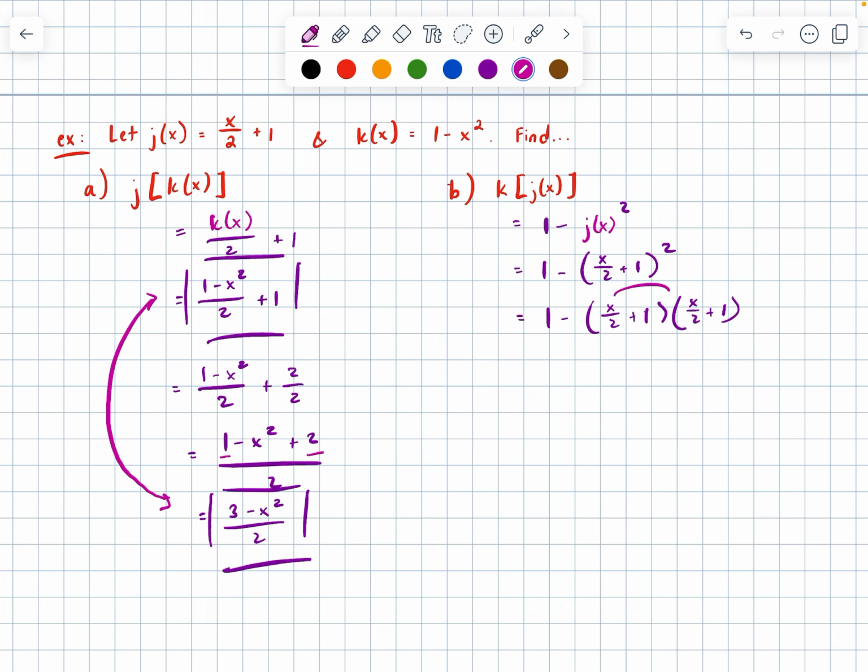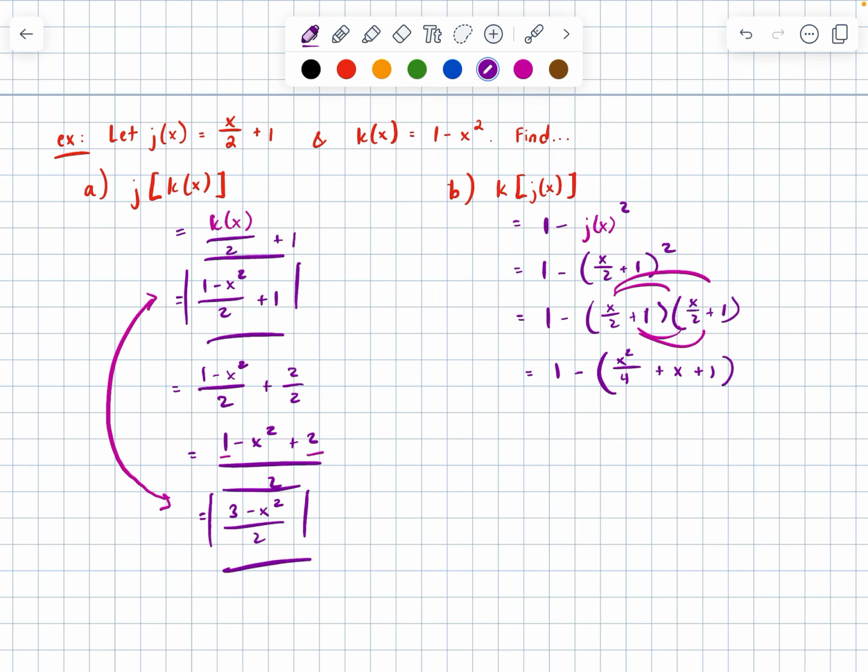And here, if I do my met wet, I would end up with something like 1 minus, well, this would become x over 2 times x over 2, which is x squared over 4. And then I have x over 2 times 1, which is just x over 2, plus another x over 2. Well, x over 2 plus x over 2 would give me 2x over 2, which is really just x. And then I have at the end 1 times 1, which is 1.